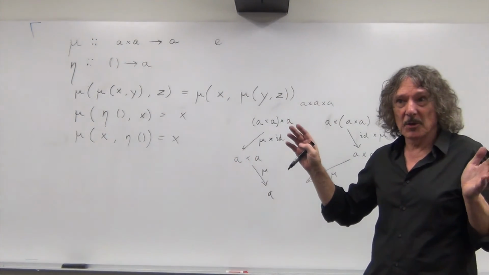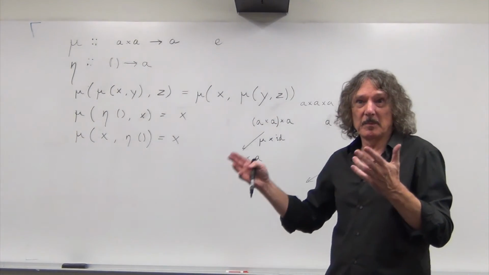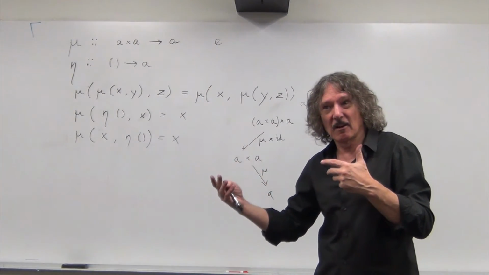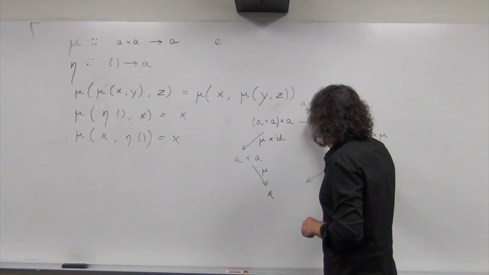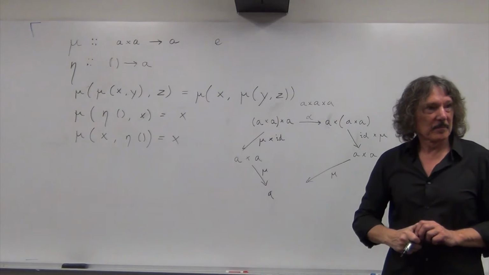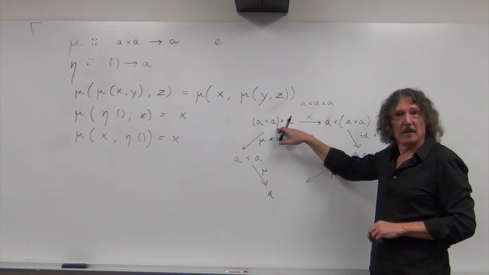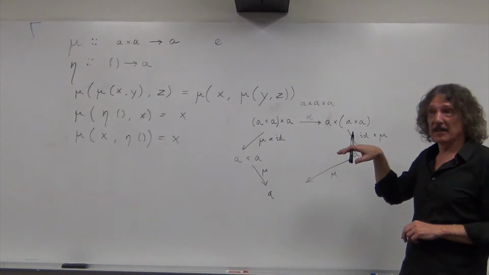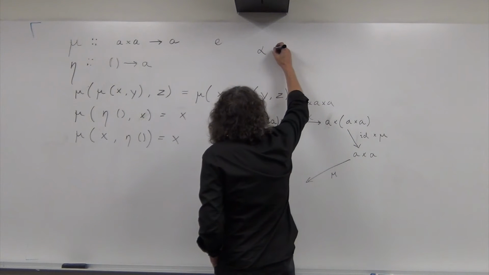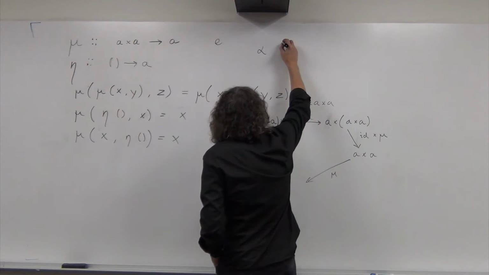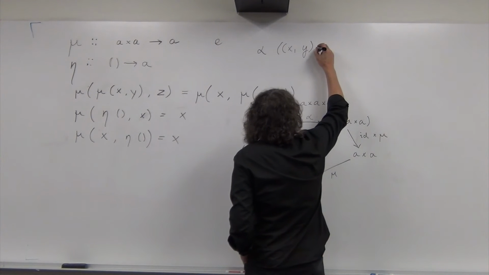And this product in the category is sort of like a monoidal product, but only up to isomorphism. So let's say there is this isomorphism, let's call it alpha, called the associator, that converts this pair into this pair. In Haskell we would define it as alpha acting on, well, we would just pattern match it.